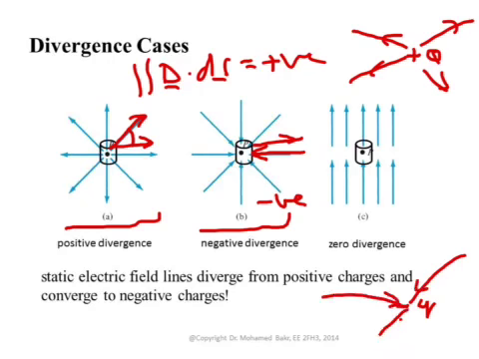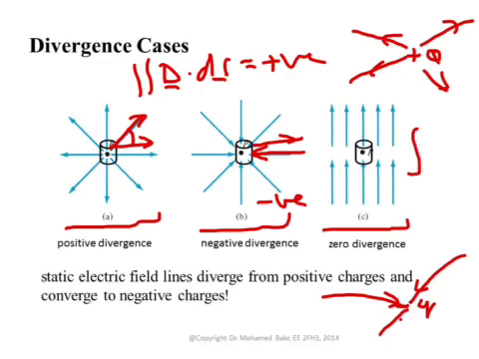The third one, figure C, shows the case of a divergenceless field. The field lines are not starting nor ending on P. These flux lines will enter part of the closed surface and will leave through the other part.